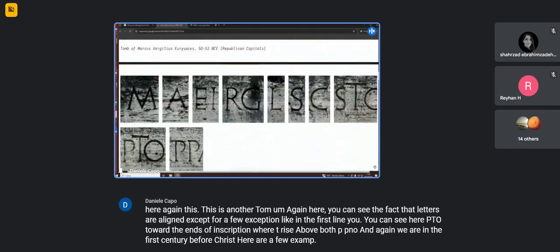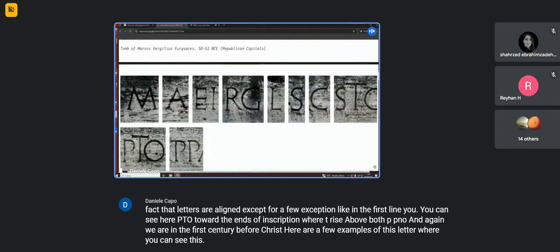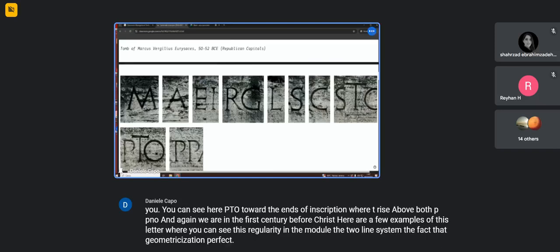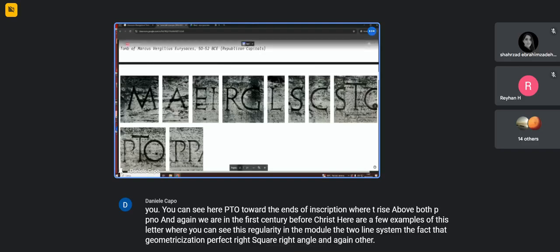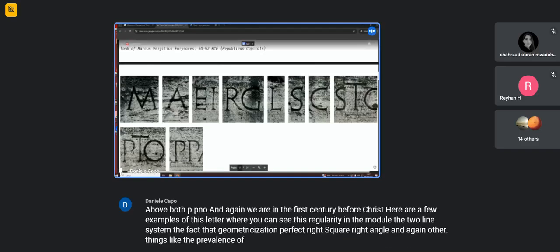Here are a few examples of these letters where you can see this regularity in the module, the two-line system, the geometrization, perfect right square, right angle, and again other things like the prevalence of straight lines.